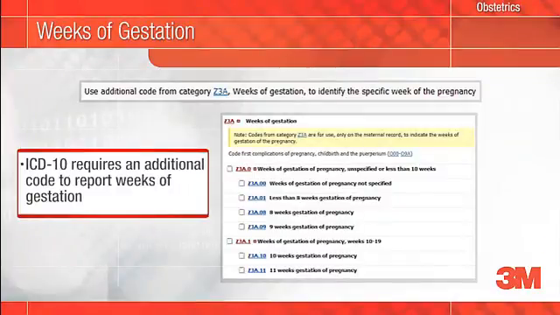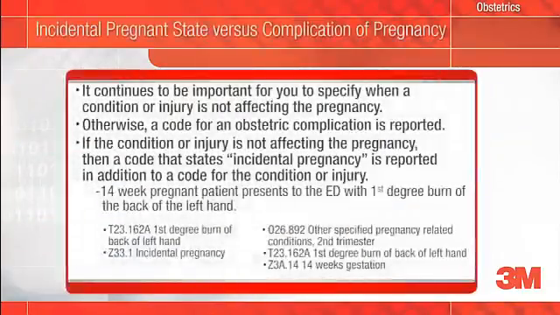Since you usually include information about the trimester and weeks of pregnancy in your patient care notes, additional documentation will typically not be needed. As in ICD-9, it continues to be important for you to specify when a condition or injury being treated is not affecting the pregnancy.